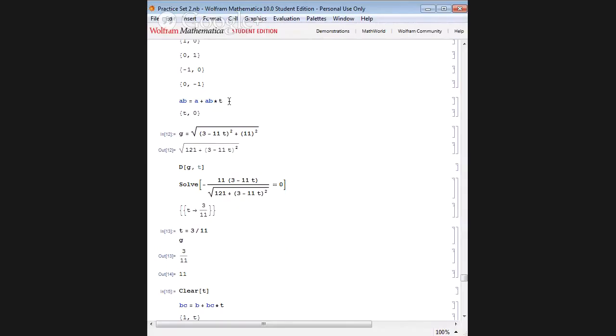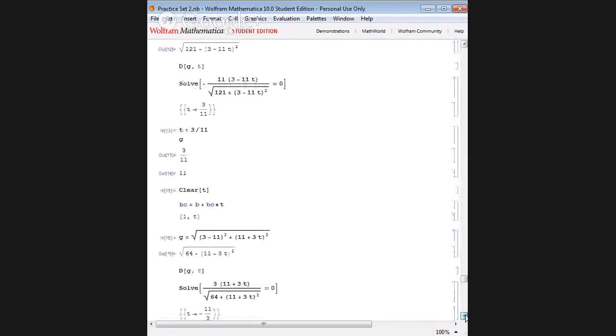I probably should have used something other than t, but it doesn't matter. I found G, did the derivative, got my t value, plugged it in, and evaluated G at that value, which is the answer.